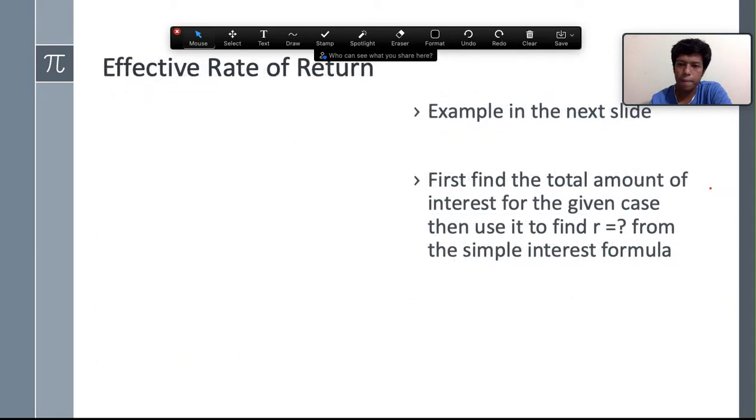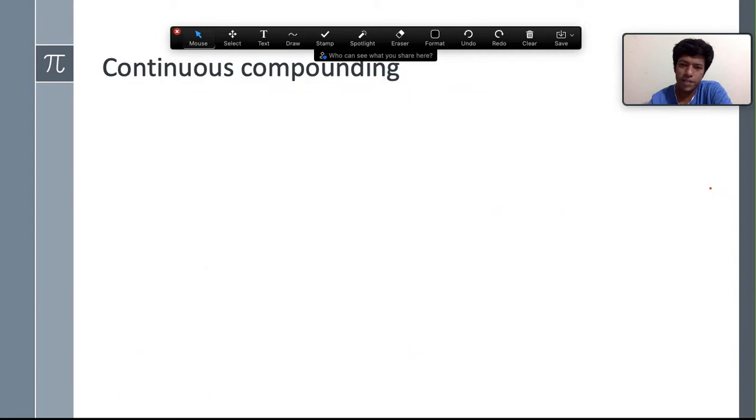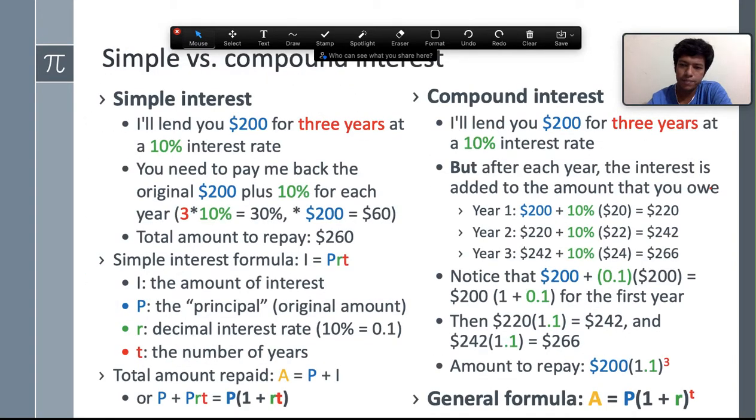Now, effective rate of return. What is effective rate of return? Look at this. In our first example, here we obtained $266 by the end of 3 years, and here we got $260 by the end of 3 years.